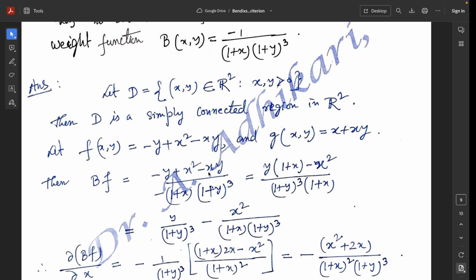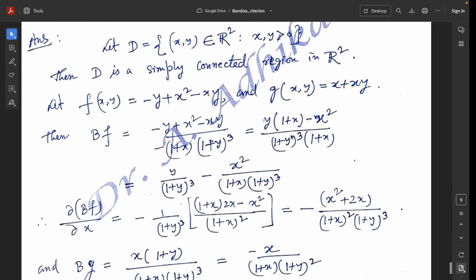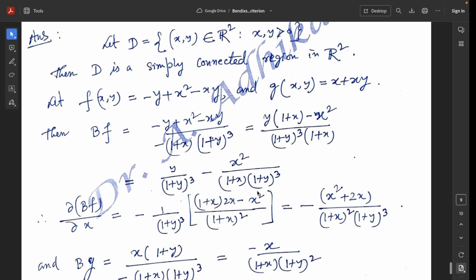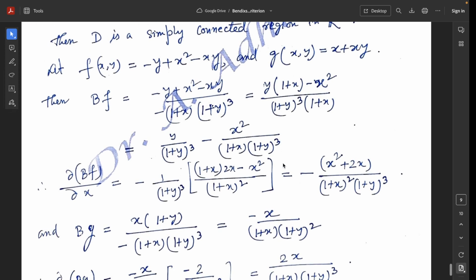So multiplying this B into f and taking common minus from the numerator, we get y into (1 plus x) minus x square, whole divided by this. Obviously, y into (1 plus x) divided by this, so cancel 1 plus x, and we get y by (1 plus y) whole cube minus x square by (1 plus x)(1 plus y) whole cube.